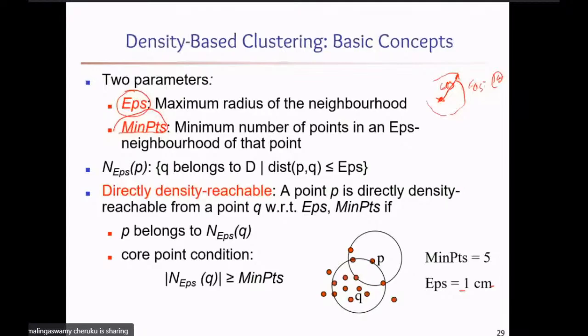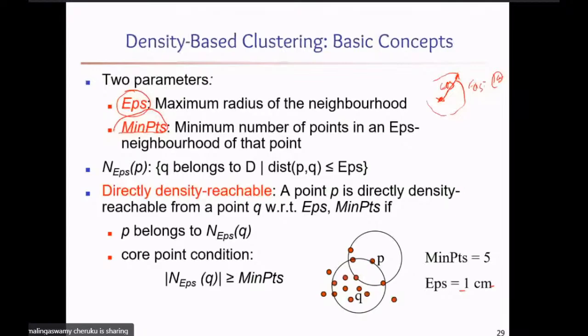How? In a density-based notion of clusters, a cluster is defined as the maximal set of density connected points. How can we define the cluster? What is meant by cluster? The cluster is nothing but a set of such density connected points. This has interlinked to this, and this has interlinked to this.